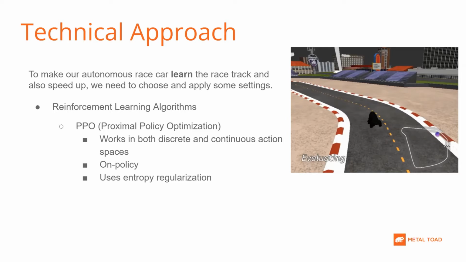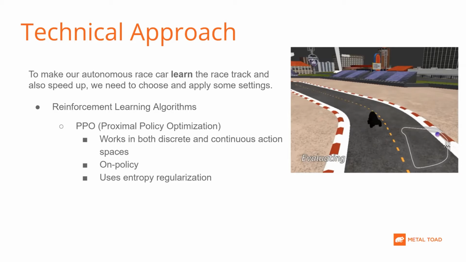In the DeepRacer environment, we are able to use two reinforcement learning algorithms. The first one is proximal policy optimization, which is one of the state-of-the-art policy gradient algorithms, and it uses two neural networks during the training, a policy network and a value network.